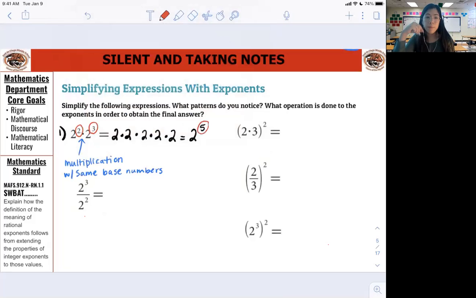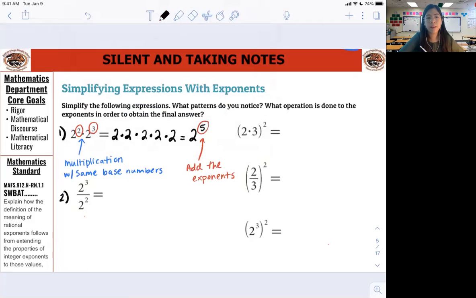So when you're multiplying numbers that have the same base, so I had a 2 to the power of 2 and a 2 to the power of 3, you can just add the exponents. And like I said, you don't need to write this down yet because we will be writing the rules in just a moment. But that is essentially going to be our first rule that we're going to talk about.